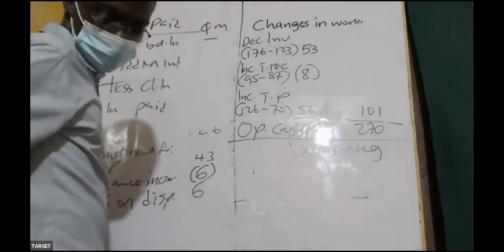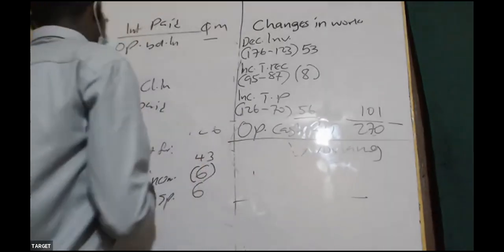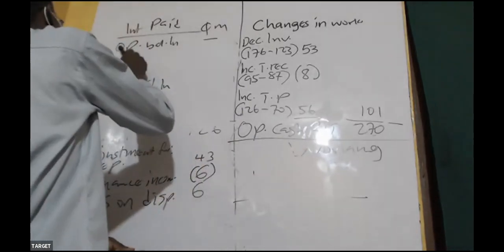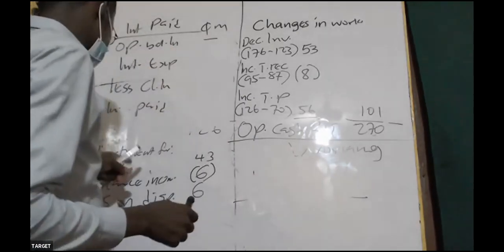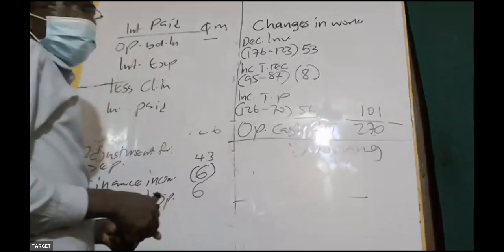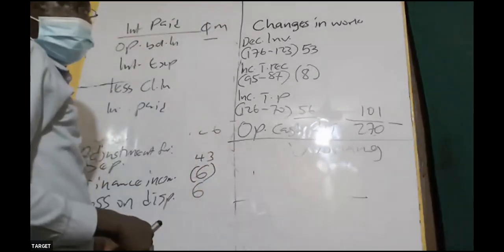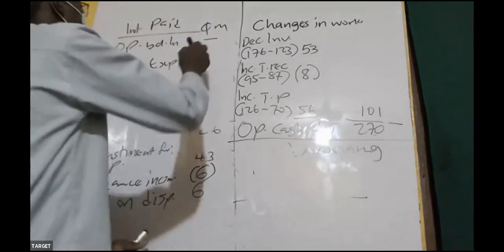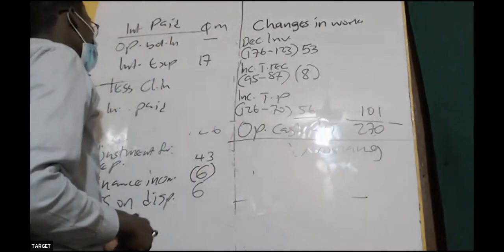Add the movement. Over here, it's from the P&L, so we call it interest expense or finance cost. The one in the P&L is the one that we add back, which is 17. So the one that we add back, 17 from the P&L.